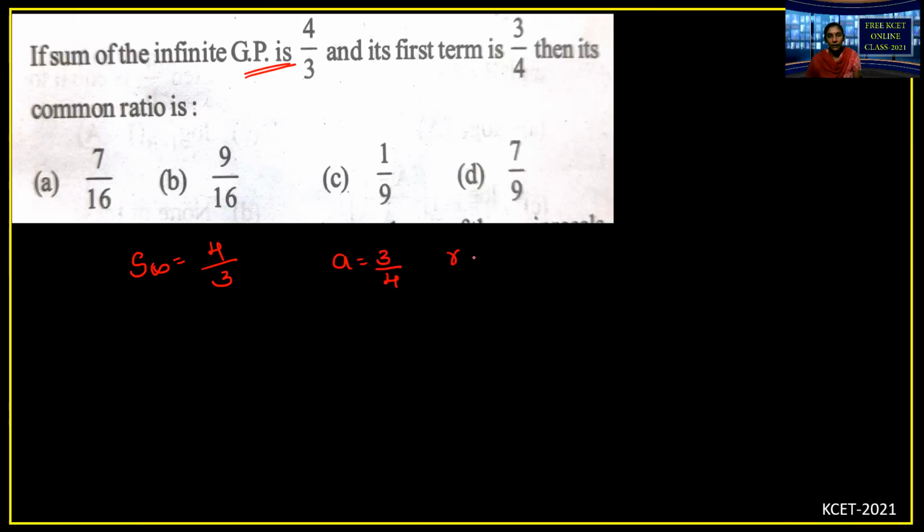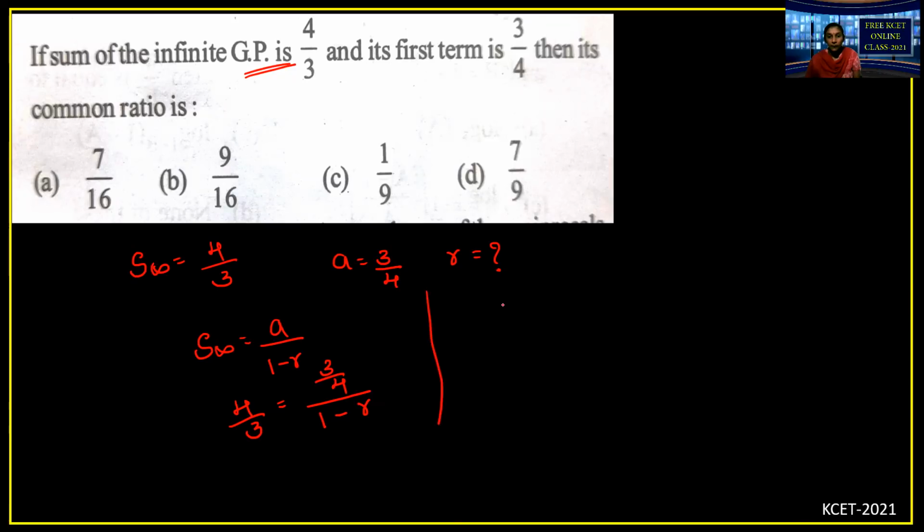Then I want to calculate the value of the common ratio R. So we know the formula S infinity is equal to A divided by 1 minus R. So S infinity is 4 by 3, A is 3 by 4, divided by 1 minus the common ratio. We don't know; I want to calculate the common ratio.